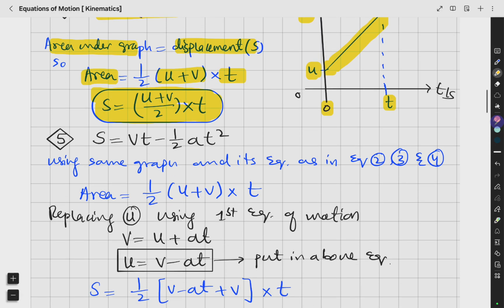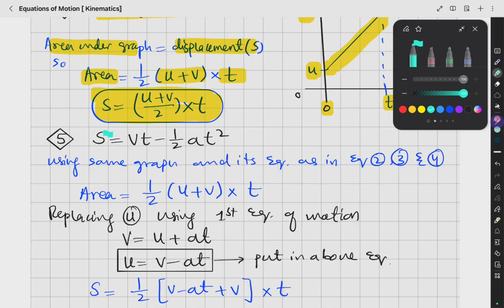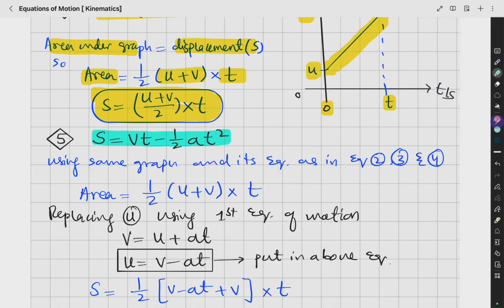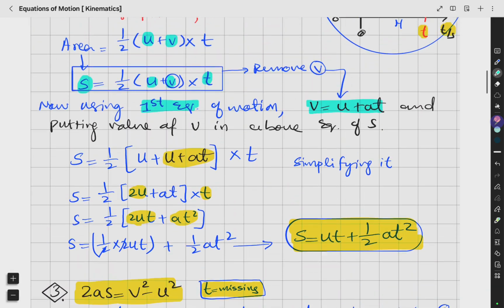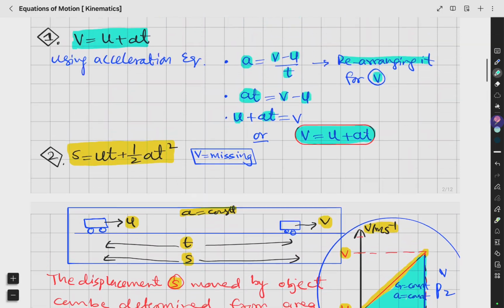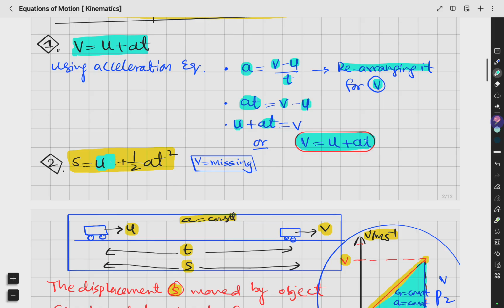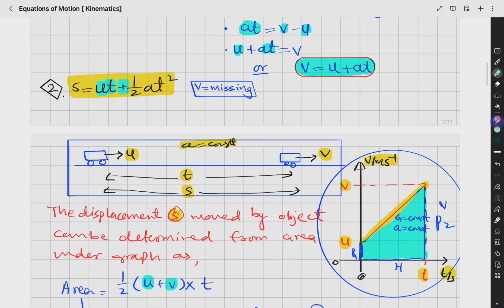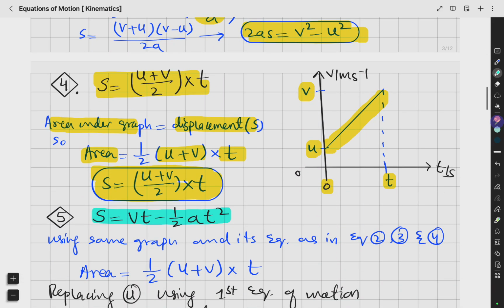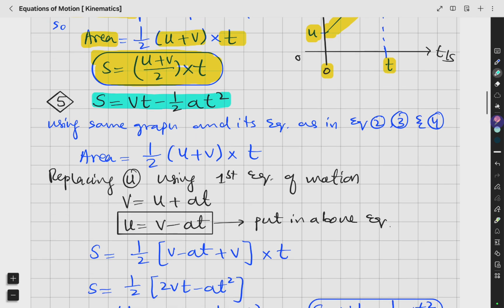Number five is s equals vt minus half at squared. This is slightly different from equation number 2. You can see equation number 2 is s equals ut plus half at squared, and equation number 5 is s equals vt minus half at squared. Again, you use the same graph and its equation as you used in equations 2, 3, and 4.